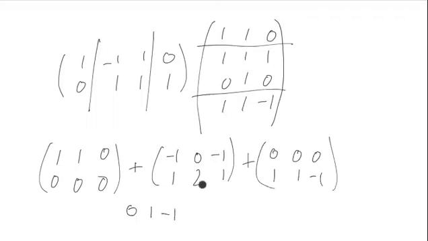And then the bottom looks like we're just adding these two guys because we have zeros over there. So we end up getting a 3. No, sorry, 2. I'm just getting a little ahead of myself. 1 and 1 is a 2, and 2 and 1 is 3, and 1 and negative 1 is 0. So we end up getting the exact same result right here.